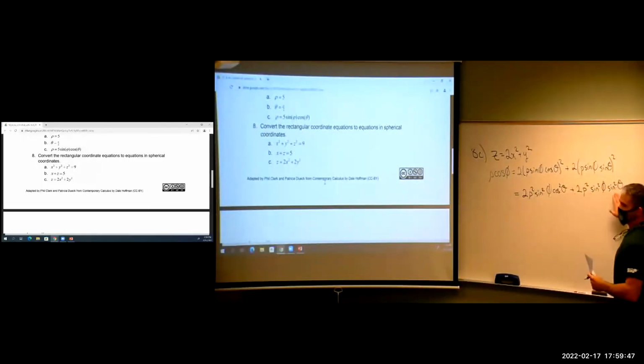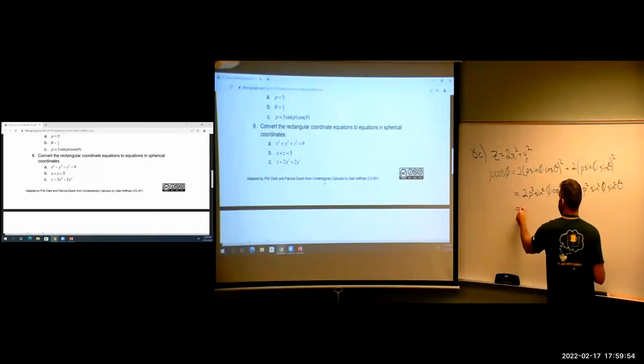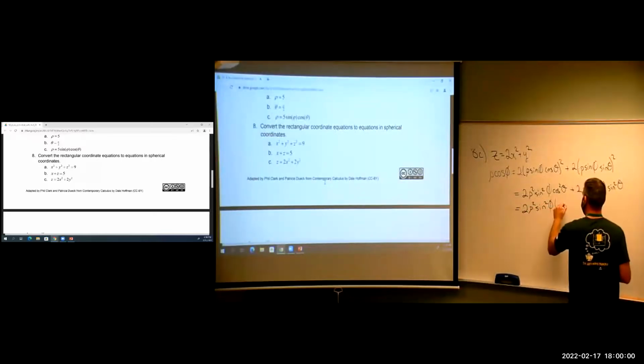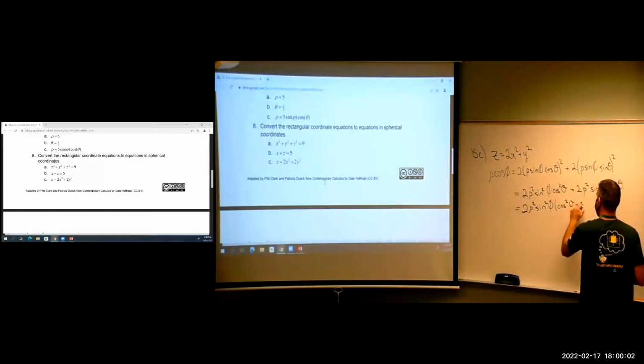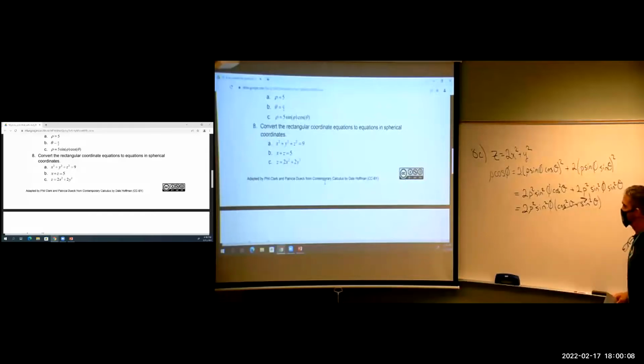So we've got a cosine squared and sine squared, and this is going to happen a lot. It's going to help us simplify. We pull out the 2 rho squared sine squared phi from both, and we're left with cosine squared theta plus sine squared theta, which is just 1. That's our Pythagorean identity.